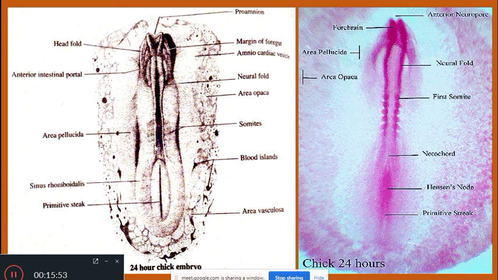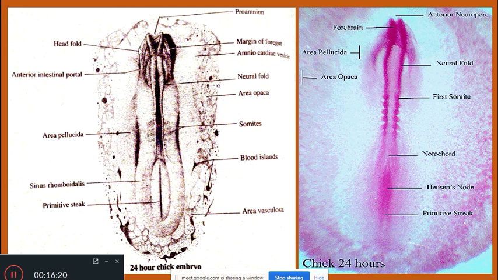So, simultaneous with the formation of the neural fold, the anterior part of the embryo, we will just again come to the neural fold. This is the neural fold, and this is the groove inside the neural fold. And we will come again. So, simultaneous with the formation of this neural fold, the anterior part of the embryonic area will get thickened.